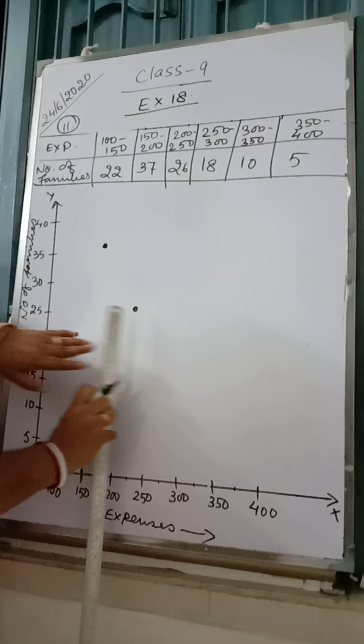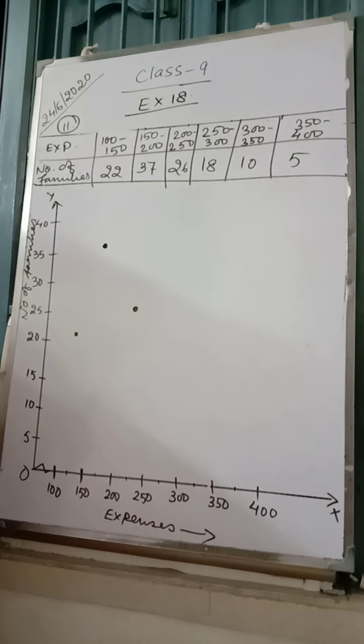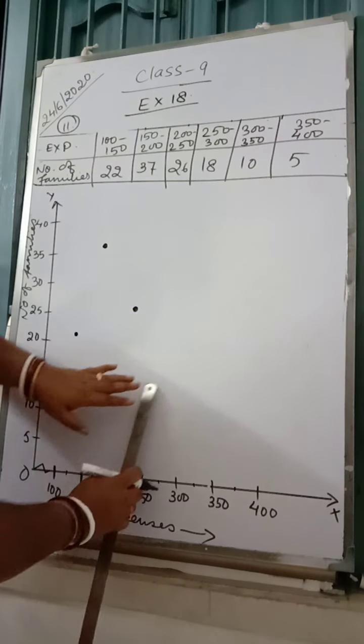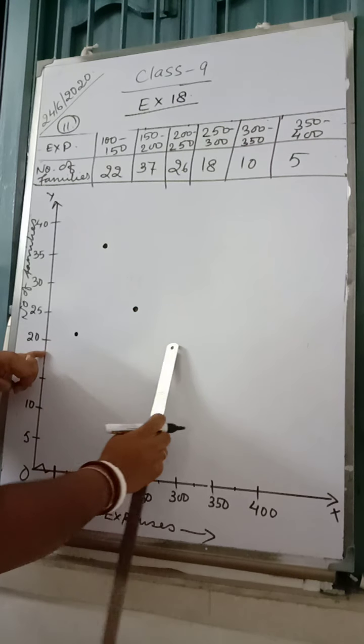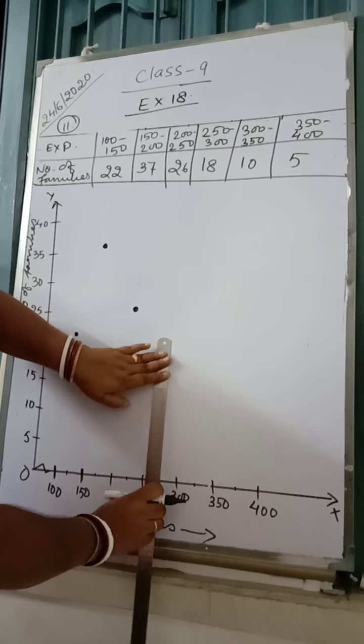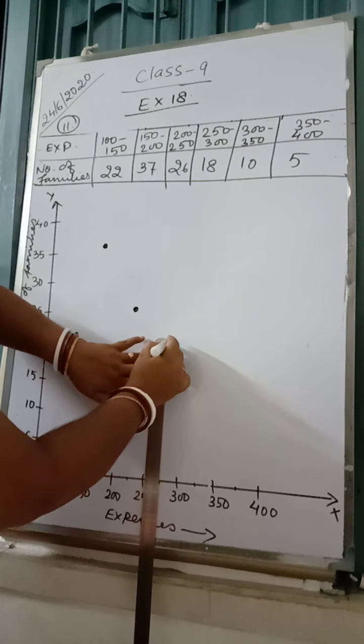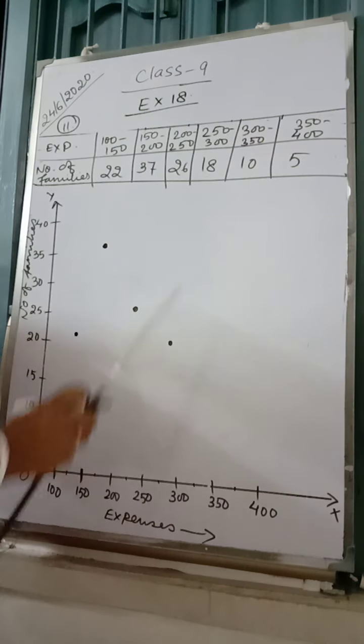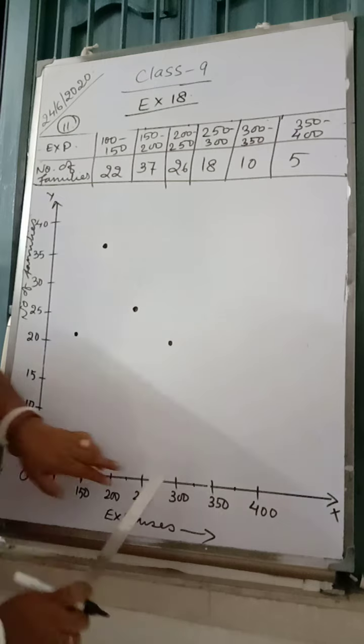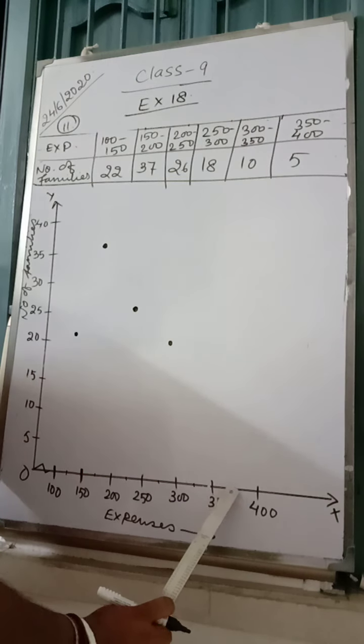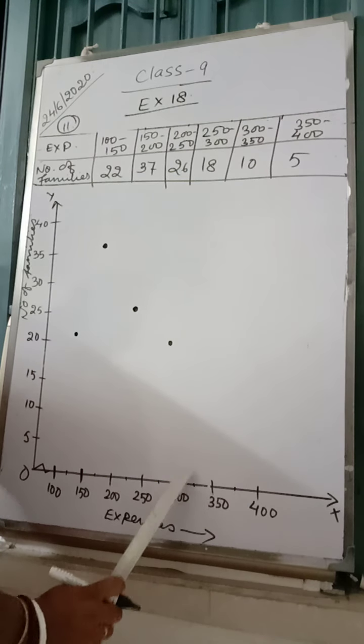In your graph copy, you can have exact pointing, though it is a plain surface, so I am just approximating. Next we have 18, so this will be between 20 and 15, somewhere here. So I am placing my scale here, that is 18. Now next we have 10, between 300 and 400.